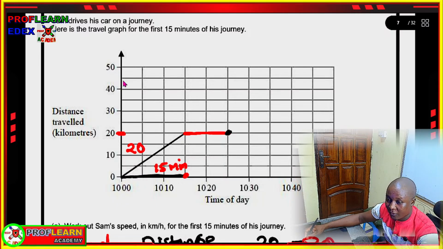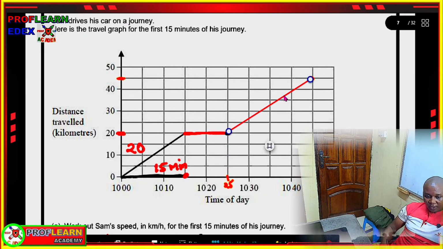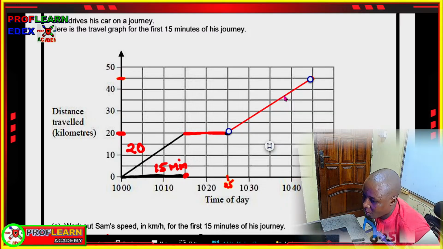And also for time, 20 plus 25, because already here is 25, plus 20, that's going to be 45. So this is how the graph is going to look.